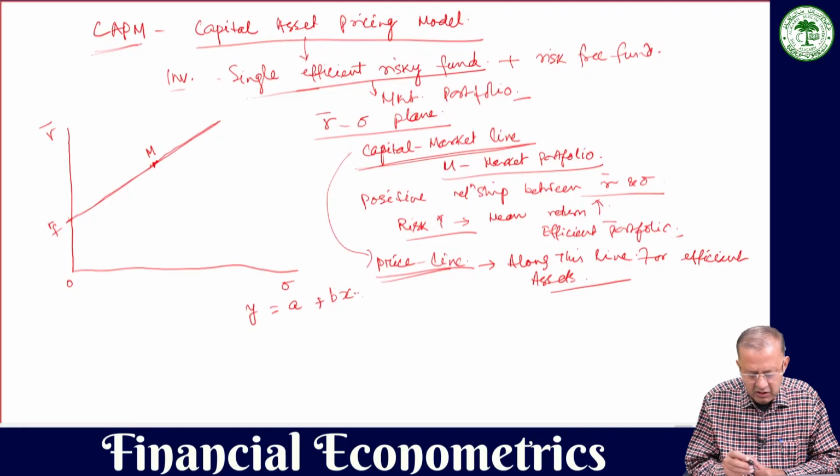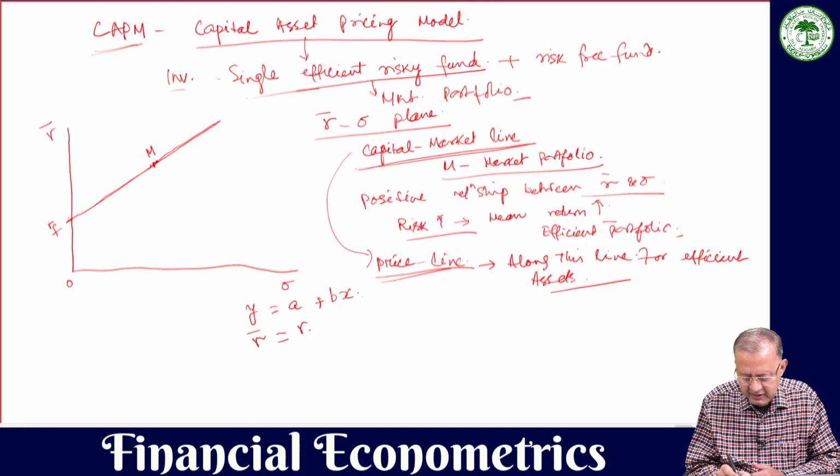Now, with similar logic, this can be written like this. This R bar, the mean rate of return on the asset, should be equal to a, the intercept on the y-axis, this is rf, plus b into sigma.